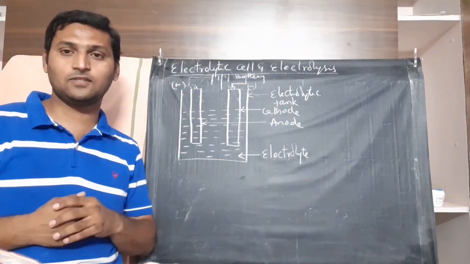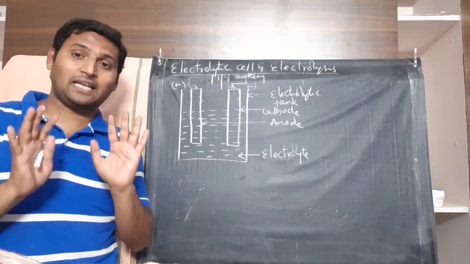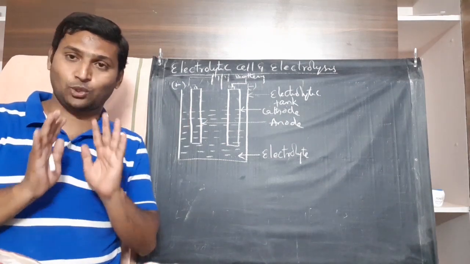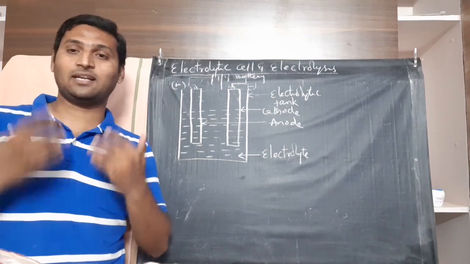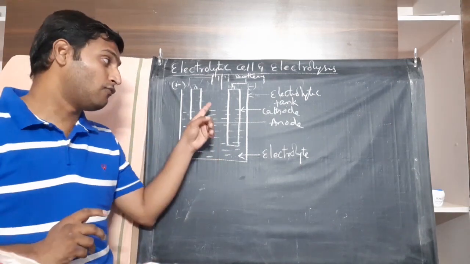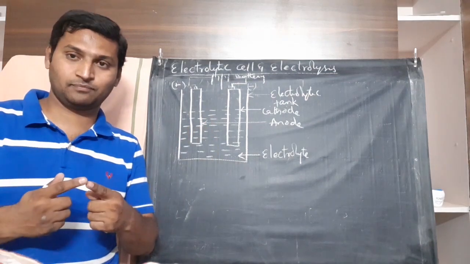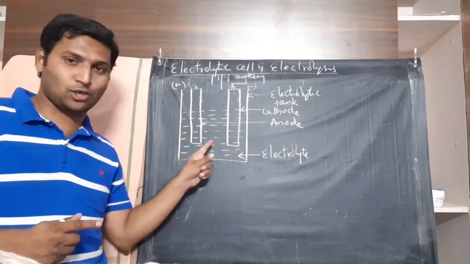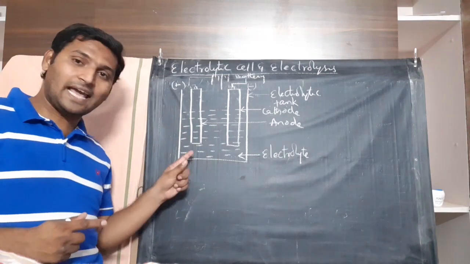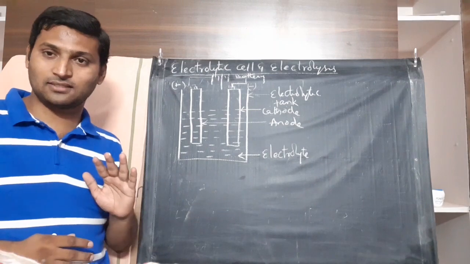Now the question is, the convention for the reactions is fixed. I have already told you: anode oxidation, cathode reduction, no change in that. Now, for reduction to occur, electrons have to be supplied to the electrolyte. When oxidation occurs, the electrolyte only loses electrons, so it gives the electrons.